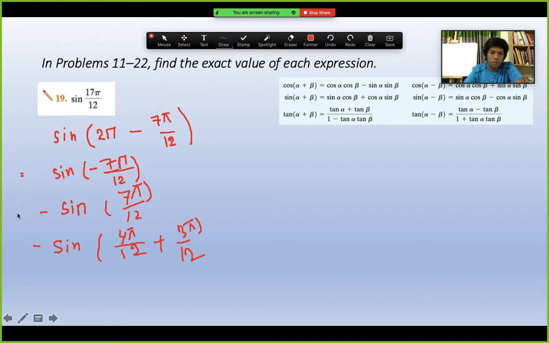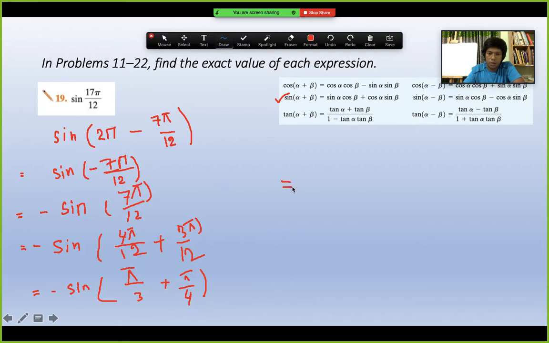Let's put equal signs here. Then we can use the sine alpha plus beta formula: sine alpha cos beta plus cos alpha sine beta. But before we use the formula, let's simplify it a bit, so that we can put the values very comfortably. So this is pi by 3, then pi by 4.